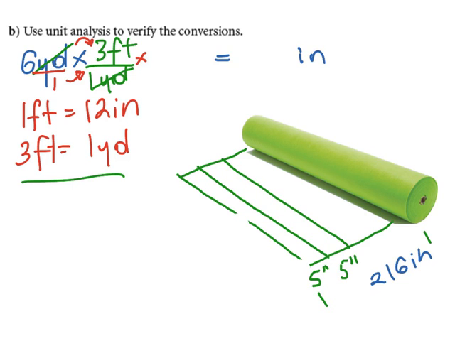So on your calculator, you would just put 6 times 3 times 12 to get 216 inches as your length of the roll.